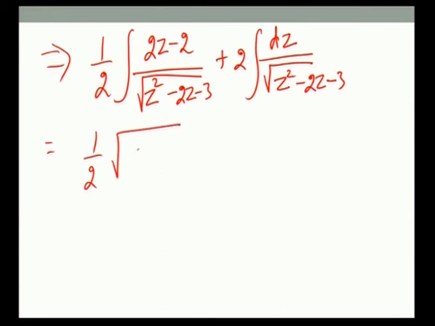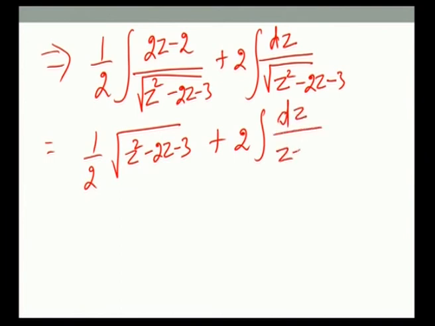which is equal to 1 by 2 into square root of z square minus 2z minus 3, plus 2 into integral of dz over square root of (z minus 1) the whole square minus 4.